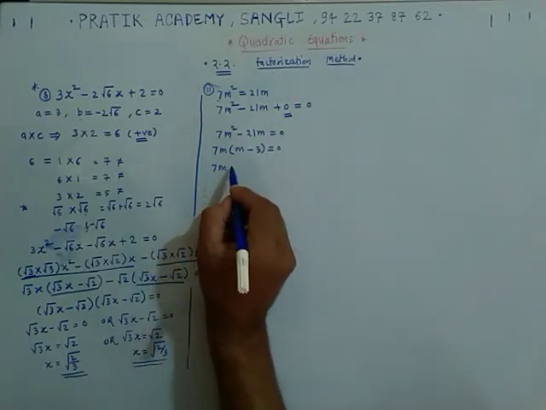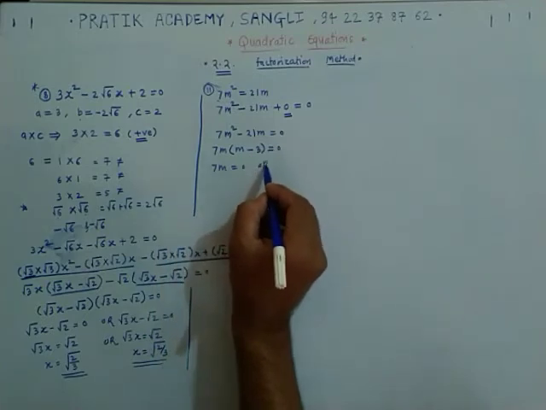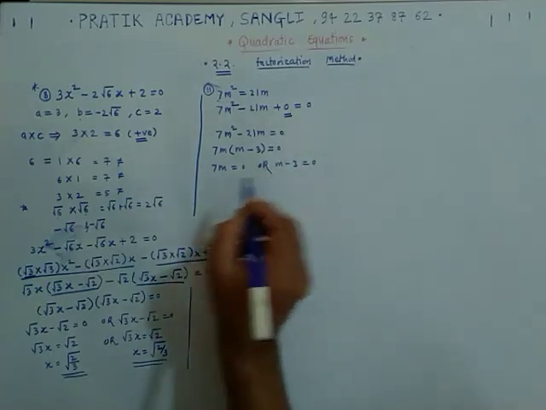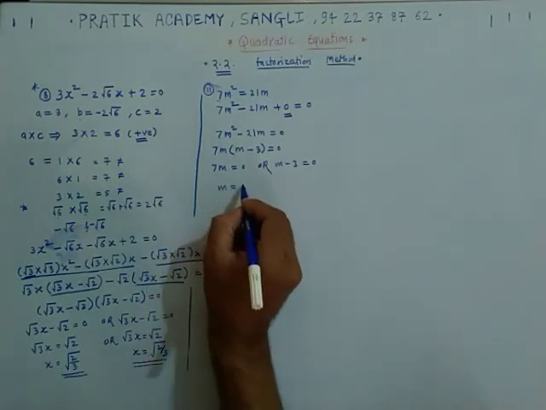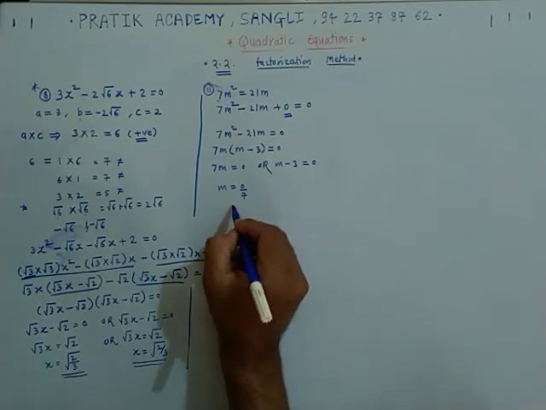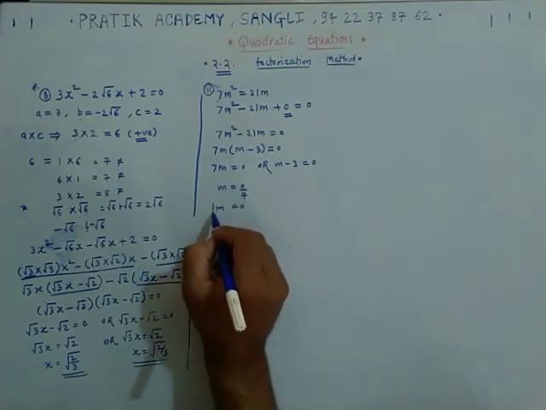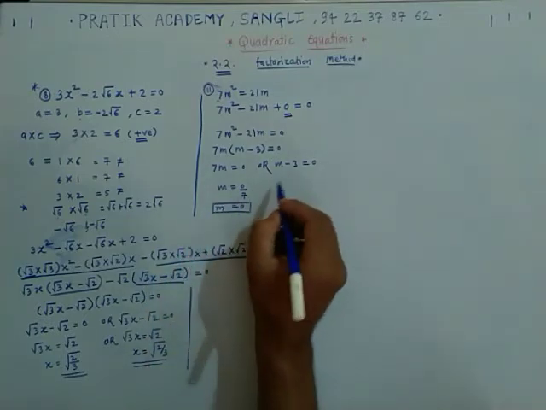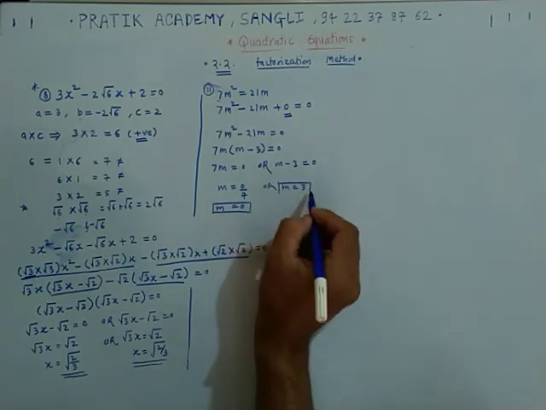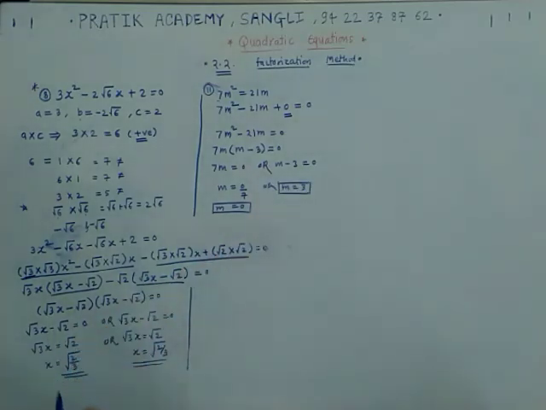So simply 7m is 0, or m minus 3 is equal to 0. So m is equal to 0 upon 7, that is 0, or m is equal to 3. So these are very simple problems.